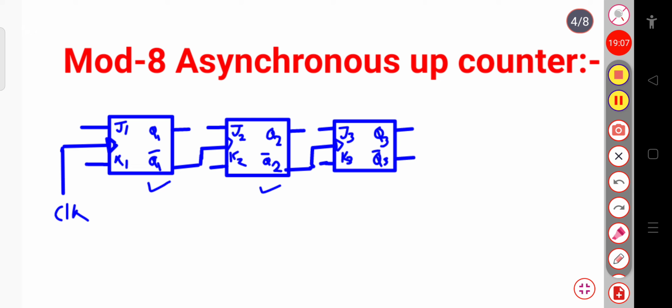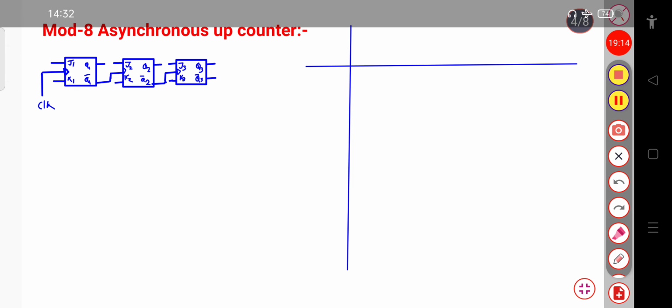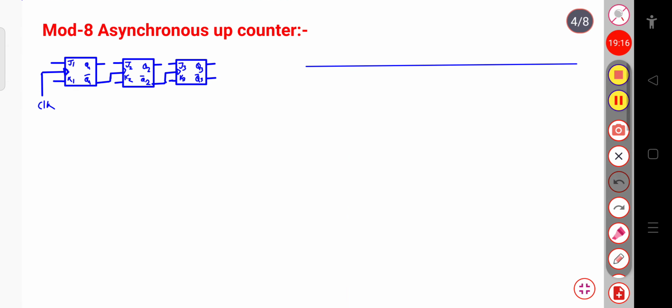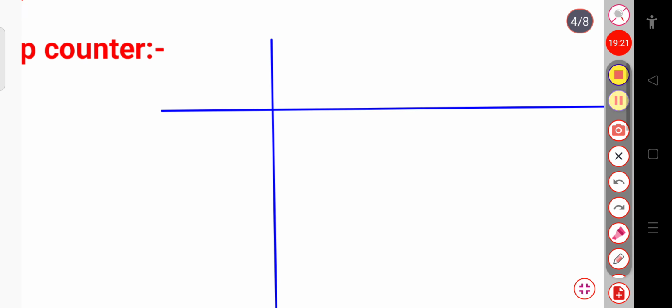Now I will make a table. The first column is for the clock, and the rest are Q3, Q2, and Q1. These are the outputs.